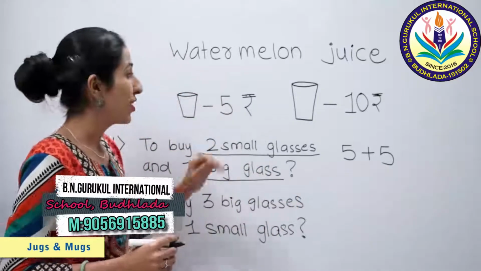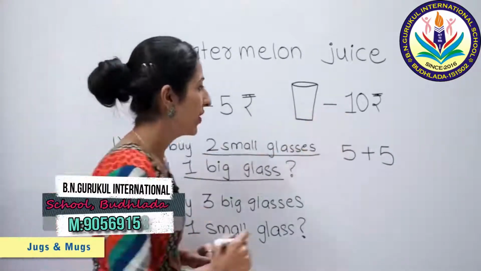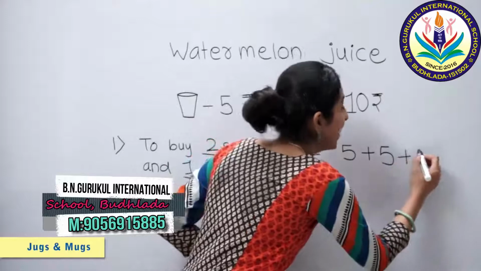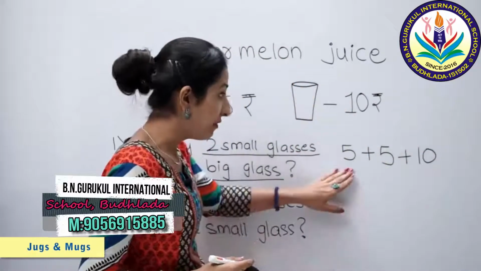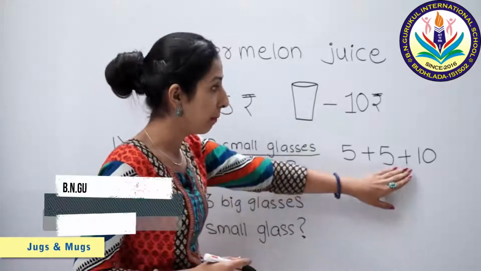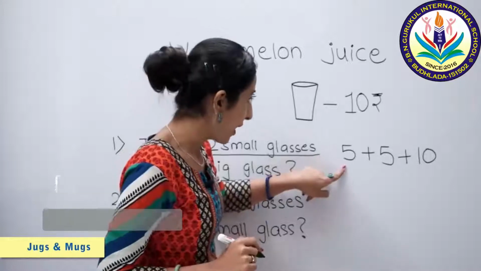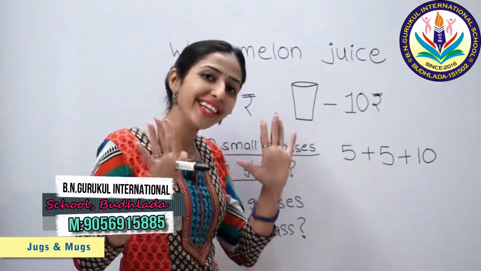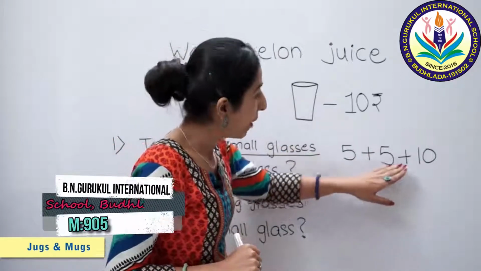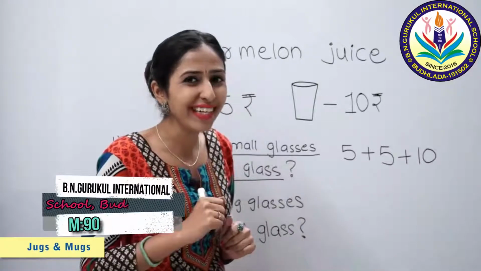1 big glass costs rupees 10. So, 5 plus 5 plus 10. Let's solve. 5 plus 5 is equal to 10. And 10 plus 10 is equal to, you tell me?